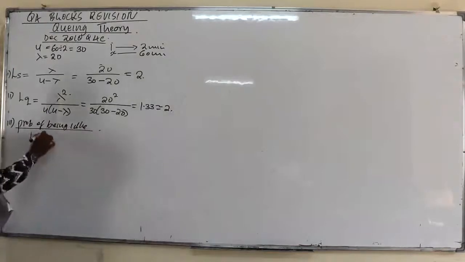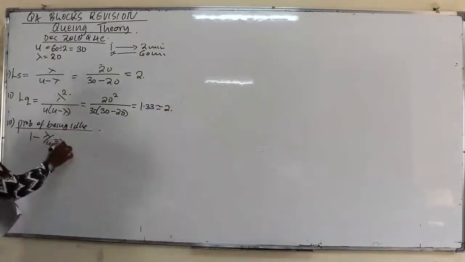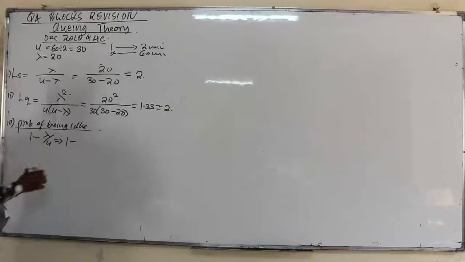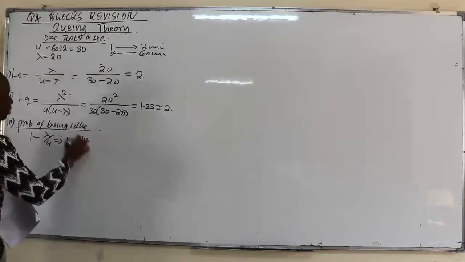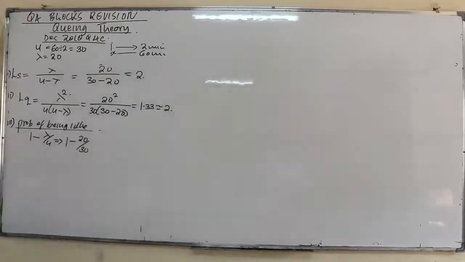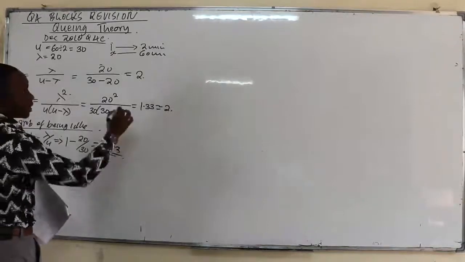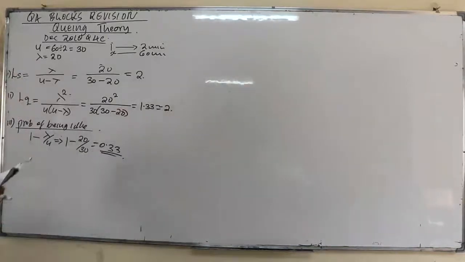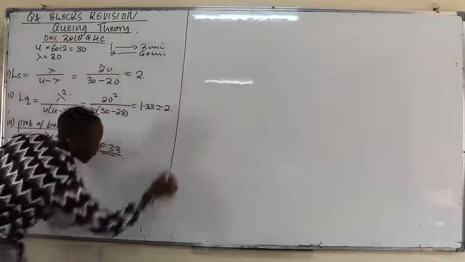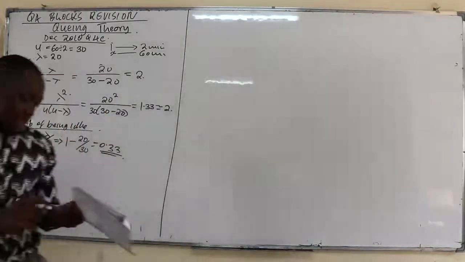It's 1 minus lambda over mu. The arrival rate is 20 over 30, so 2 over 3, that's the probability of being busy. 1 minus the answer, you get 0.33.